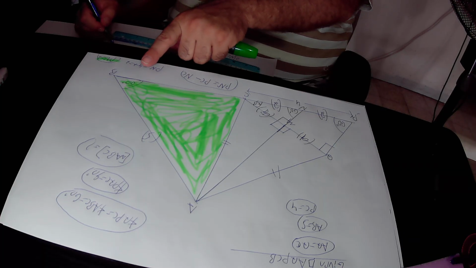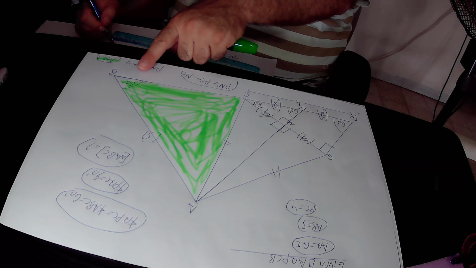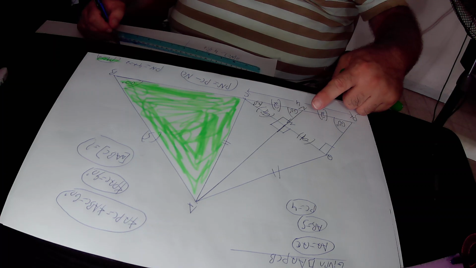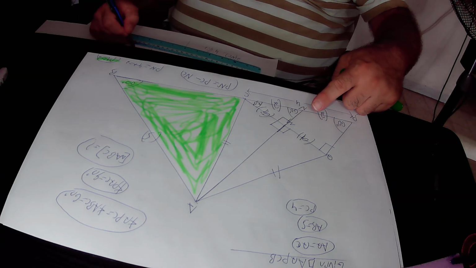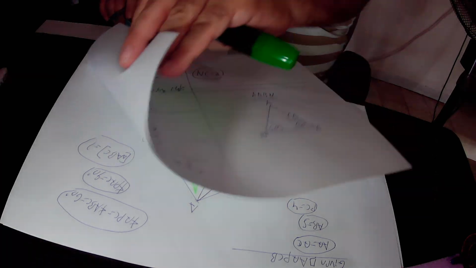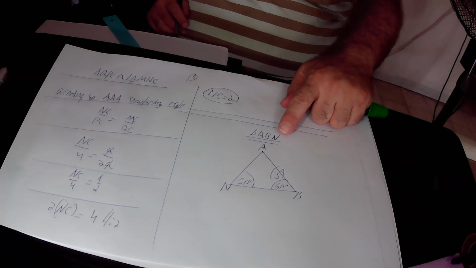This is angle ABC, that equals 60 degrees in its size. This is angle ANB, that is also equal to 60 degrees in its size. So actually, this is triangle ANB, according to the original drawing.